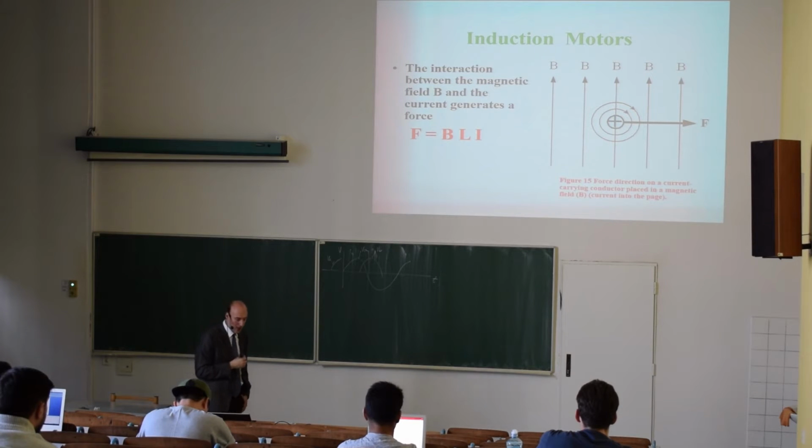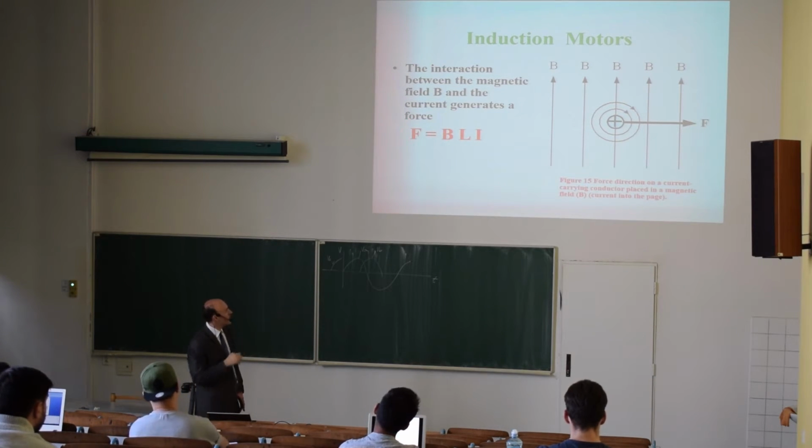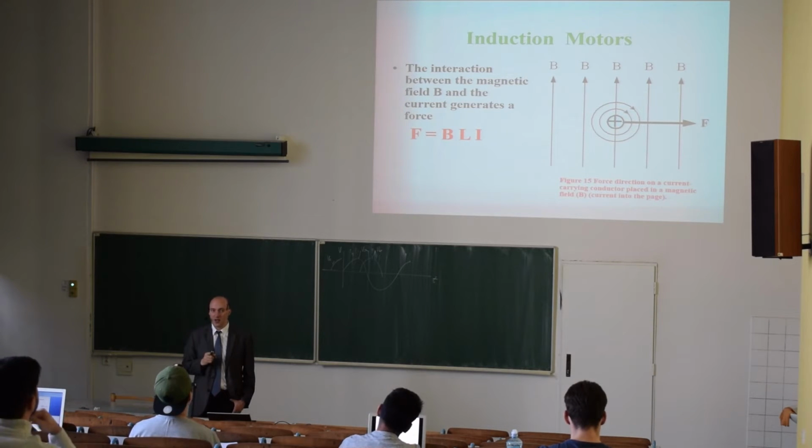How can I influence all three of them? Well, current here can be influenced by changing the resistance of the rotor bars. So by using a different material, for example, or different cross-section, I can change the resistance in the rotor, and this will change the force and hence the torque that I will create.